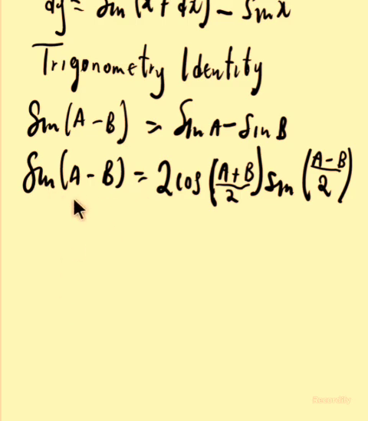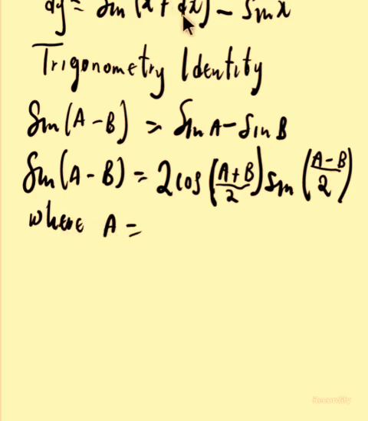Now if sine a minus sine b is equal to 2 cos of (a plus b over 2) sine of (a minus b over 2), you can see this sine a minus sine b is in the form of this sine of x plus dx minus sine x. Alright, let's move on. Where our a is equal to, look at what we're having here.